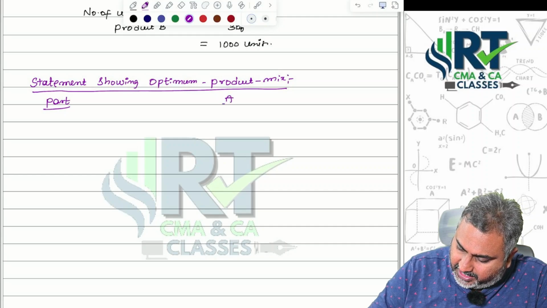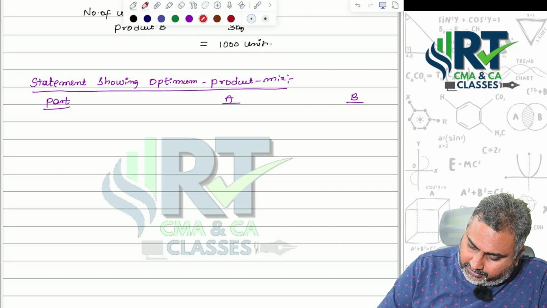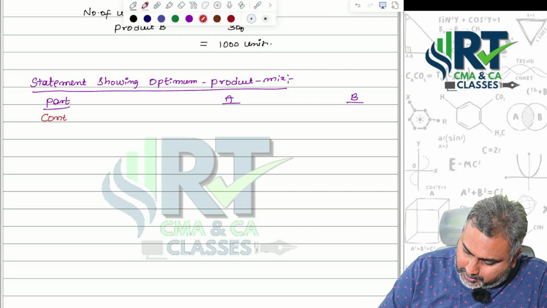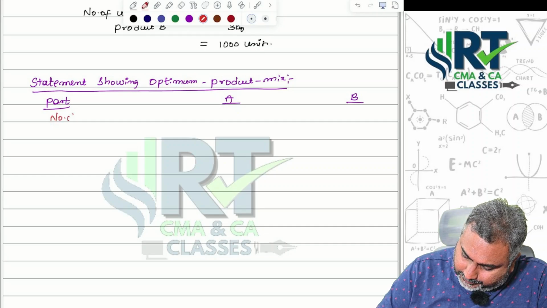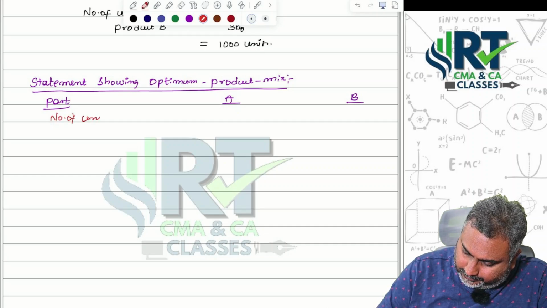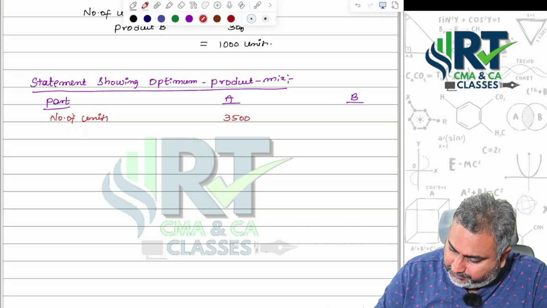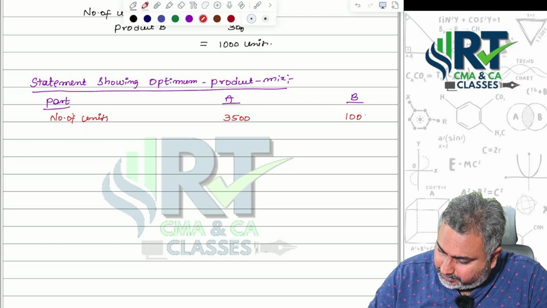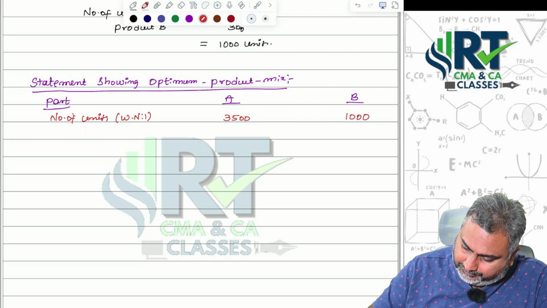Particulars A, B. Already we calculated. First, better to write number of units. Already we know A is maximum of 3,500, B based on 1,000. This is working note 1.